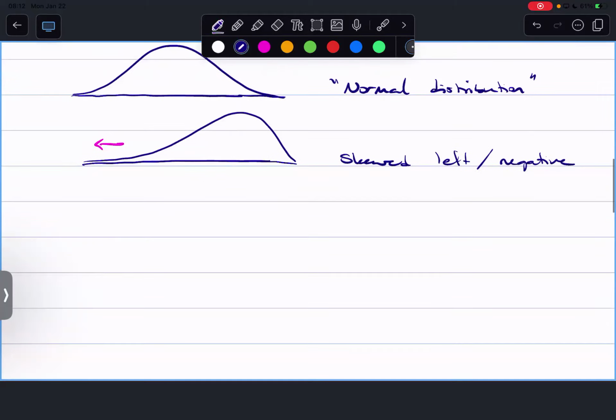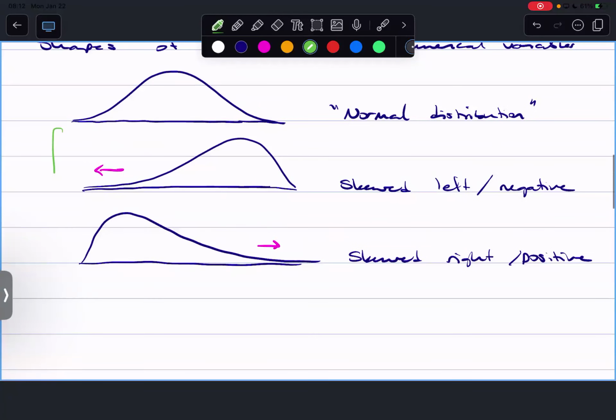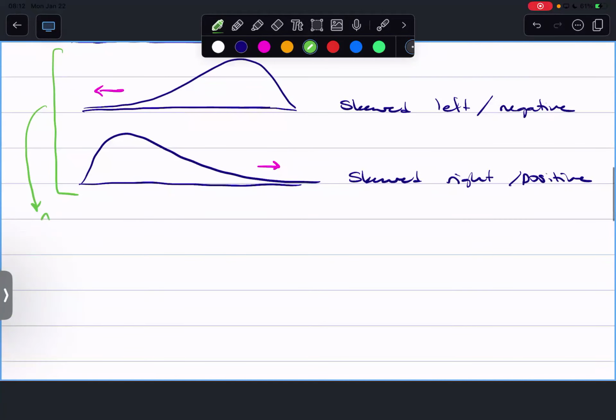And same thing, we can talk about distributions that are skewed right, because we've got a tail to the right, or a positive skew if you prefer. I'm going to lump these into non-normal distributions. So we'll just generally call these non-normal distributions.